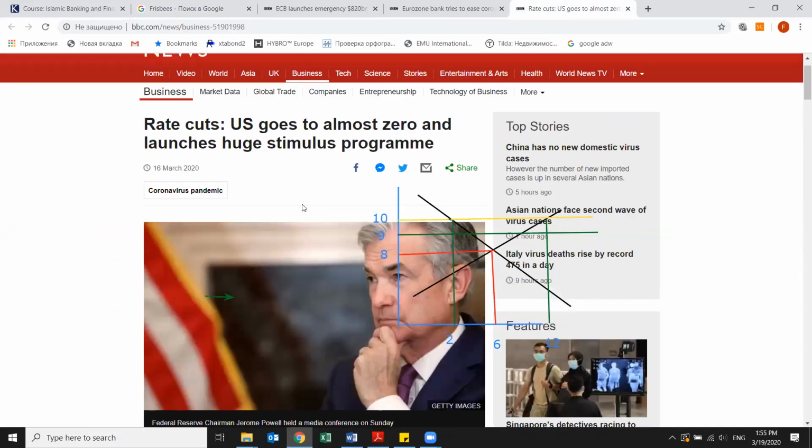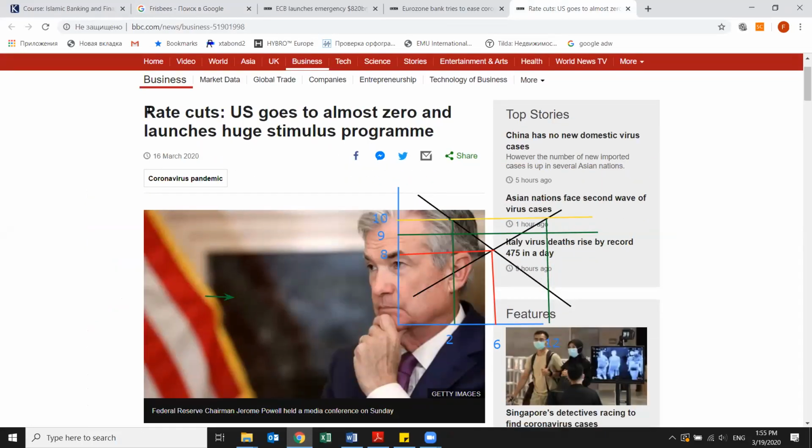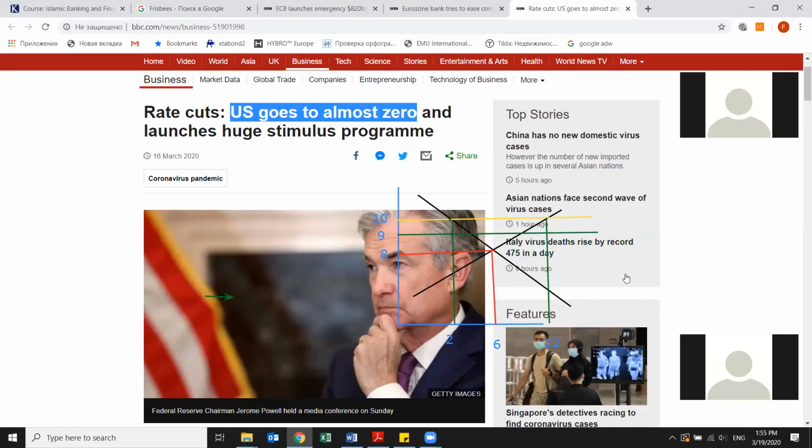Okay, this is the news that I wanted to share with you: the rate cut, which means the US government decided to cut their interest rate almost to 0. Sabina, that's very true. If the price is above the equilibrium, it is not a binding case.